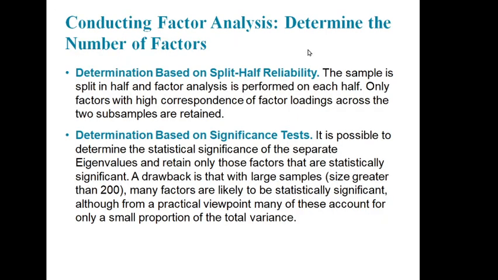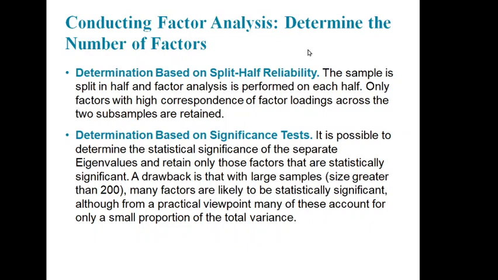Now, how do you determine the reliability of the number of factors? One test you can do is the split half reliability method. Here what you do is the sample is split in half and factor analysis is performed on each half. Only factors with high correspondence of factor loadings across the 2 subsamples are retained, otherwise we won't consider them, right? So that is the split half reliability method. Another one is based on the significance test.